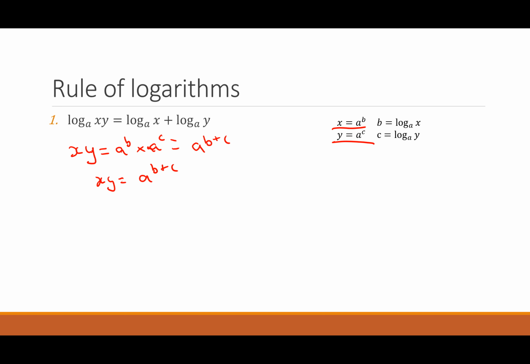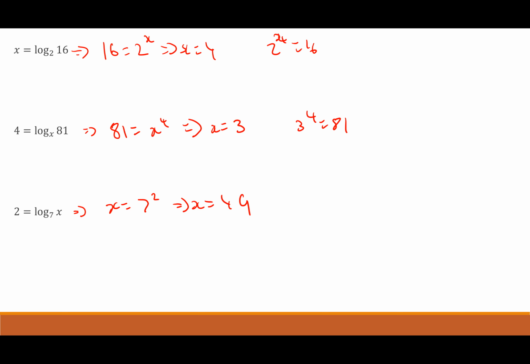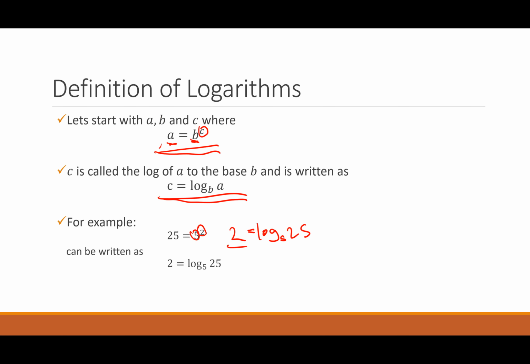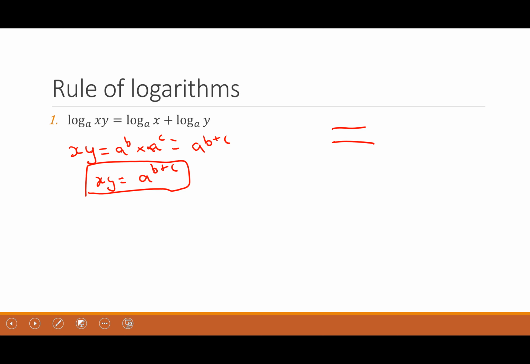Now what we're going to do is rewrite this in our logarithmic form. The power term is on the left hand side, so b plus c equals log of the base, which is a, of xy.